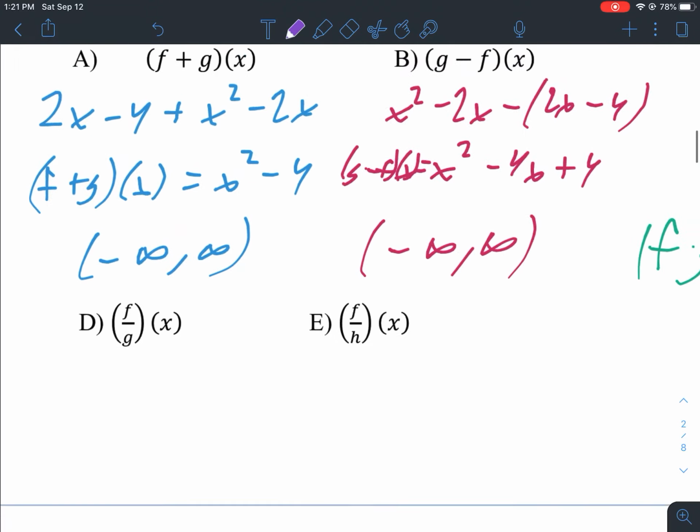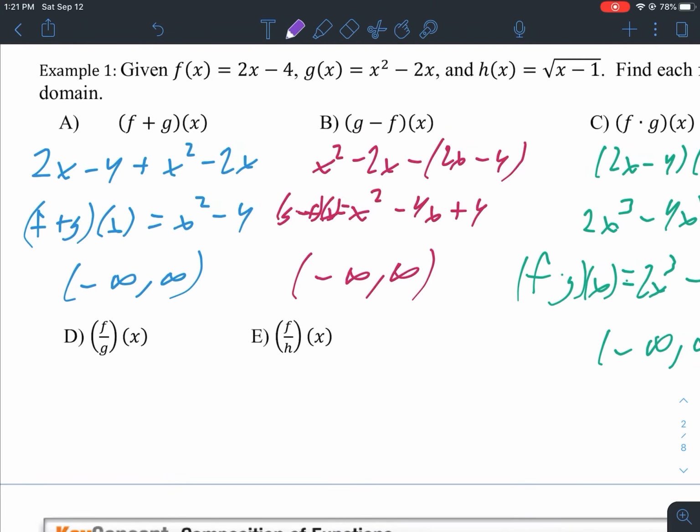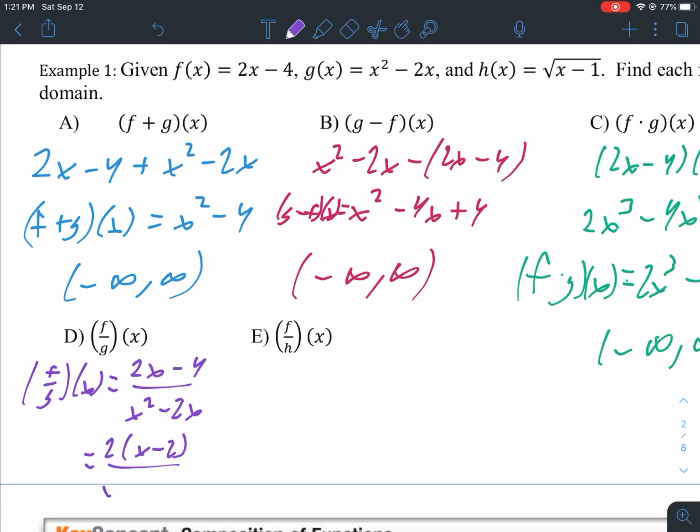f over g is just 2x minus 4 over x squared minus 2x. We can do a little simplifying here by taking out a 2 in the numerator and x in the denominator.